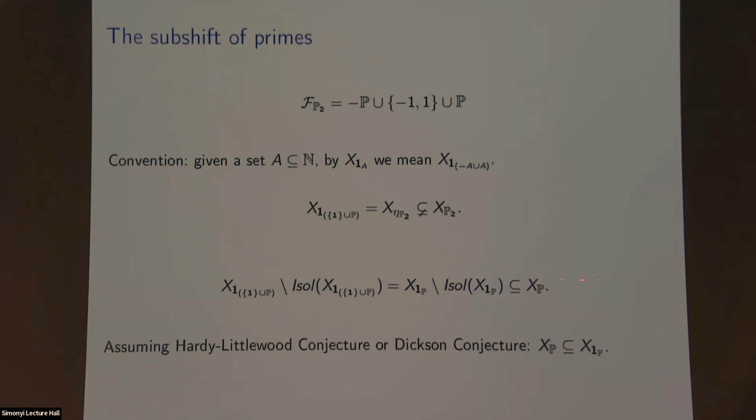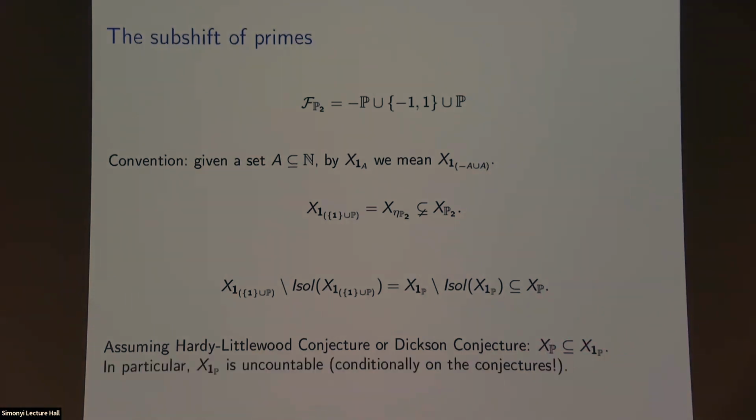But the converse inclusion is, I would say, out of reach now, because it depends on big conjectures like Hardy-Littlewood or Dixon's conjecture. If we assumed the conjectures, or one of them, is true, we would conclude that the P-admissible subshift is contained in the prime shift.